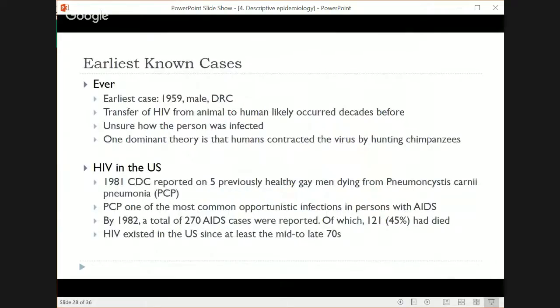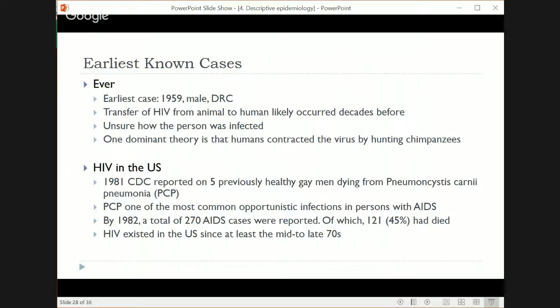The earliest ever known cases is, so in the States, we say that the epidemic started at around 1981. The earliest case we know of is from 1959. It was a man in the DRC. It's believed that humans contracted the virus by hunting chimpanzees, although we're not totally sure of that theory.